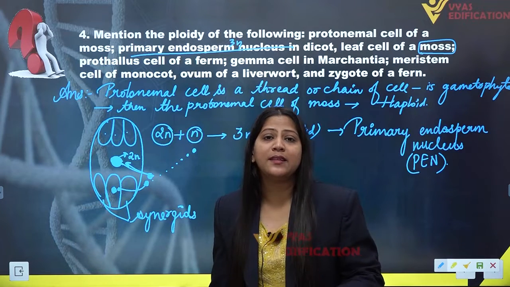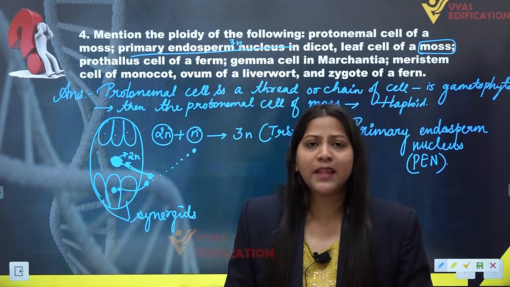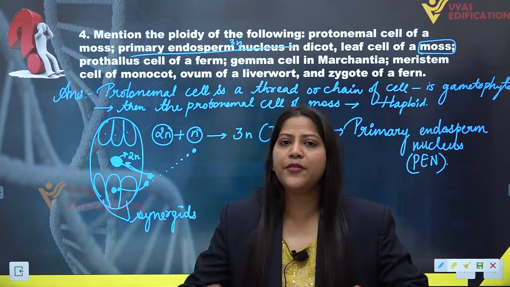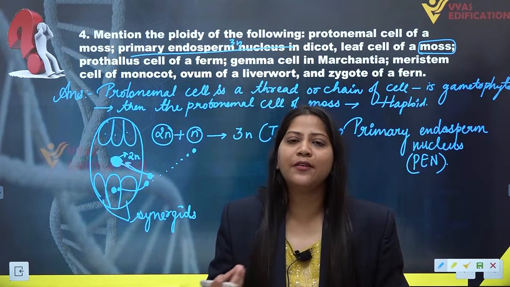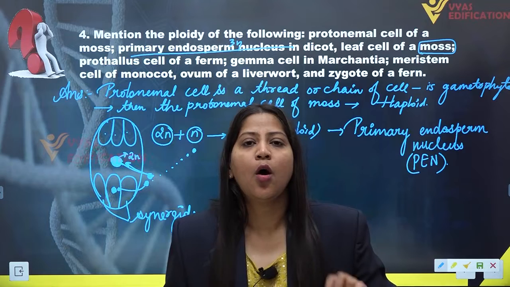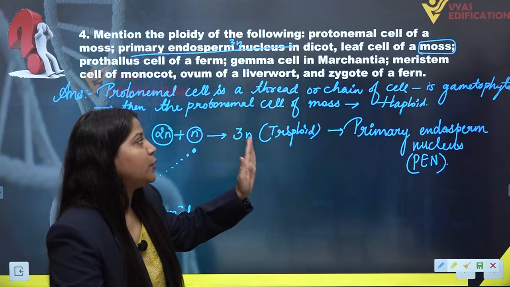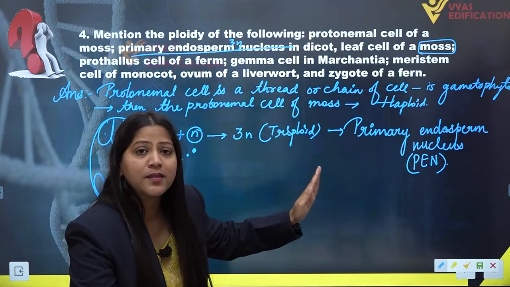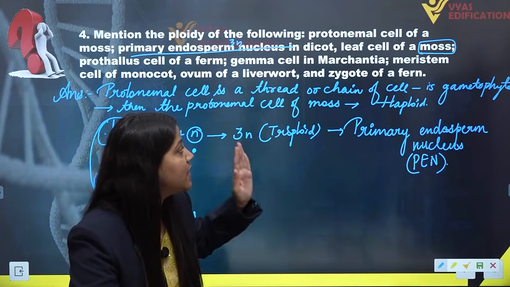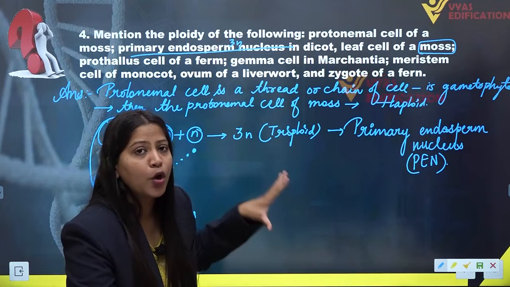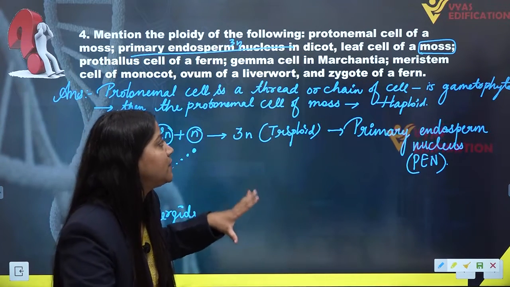Gametophytic plant body means haploid plant body. That means the whole body contains each and every cell with only a half set of chromosomes, or a haploid nucleus. So if the gametophytic plant body of a moss is haploid in nature, then each and every cell of that plant body is haploid in nature.